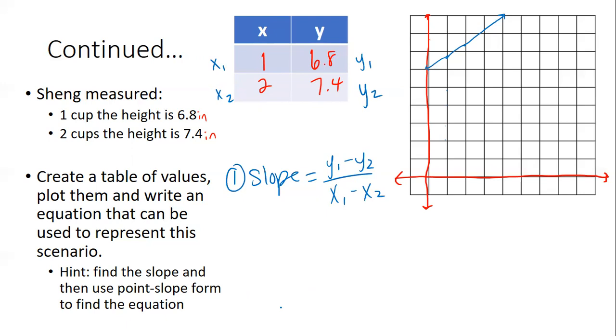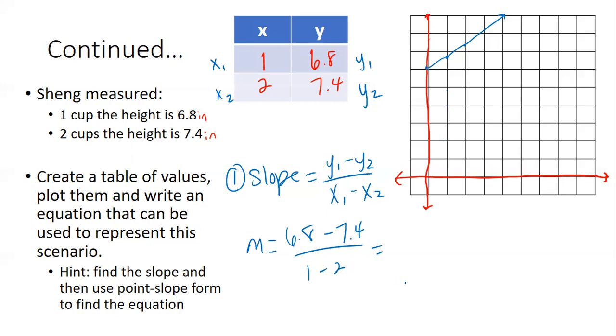So now I'm going to find the slope of this information. So m equals 6 8/10 minus 7 4/10 divided by 1 minus 2. Okay.